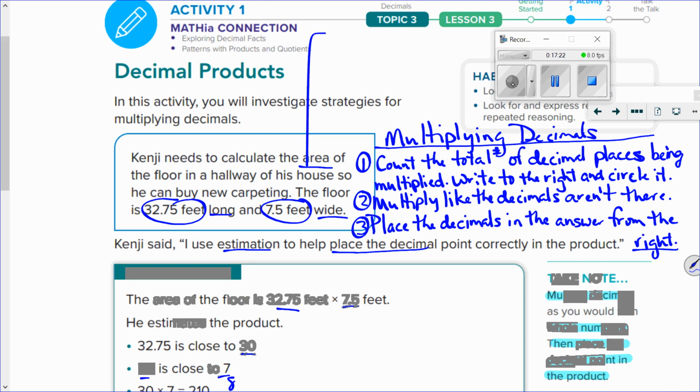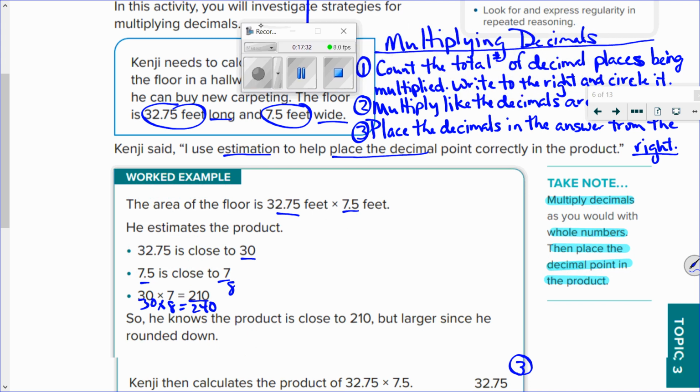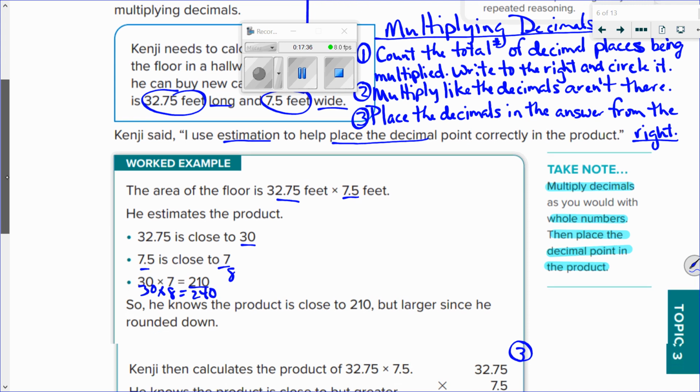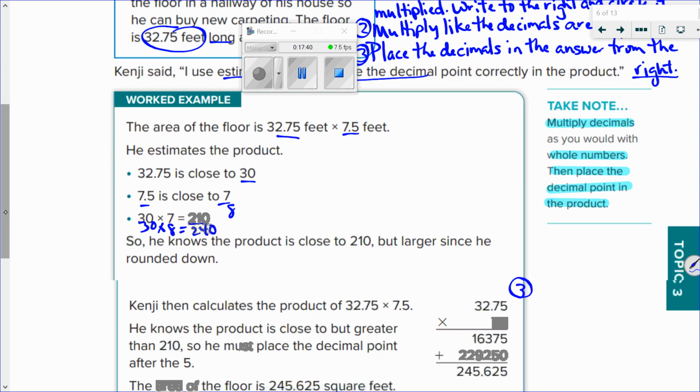So going back to our example, what does that look like? I've now multiplied those two numbers. I come down to my answer. I start at the right, and I say, okay, I have 3 decimal places. So I come in 1, 2, 3. That's where I put my decimal. Make sense?